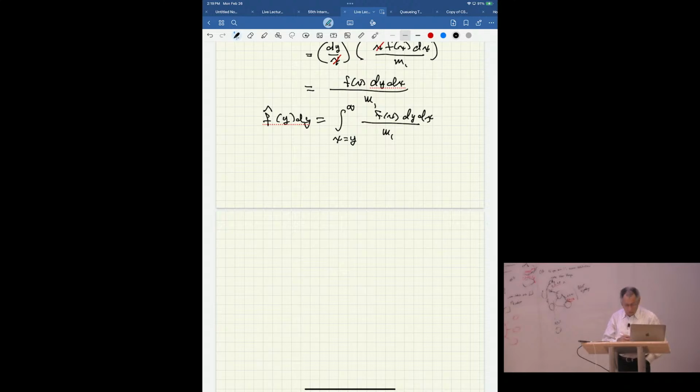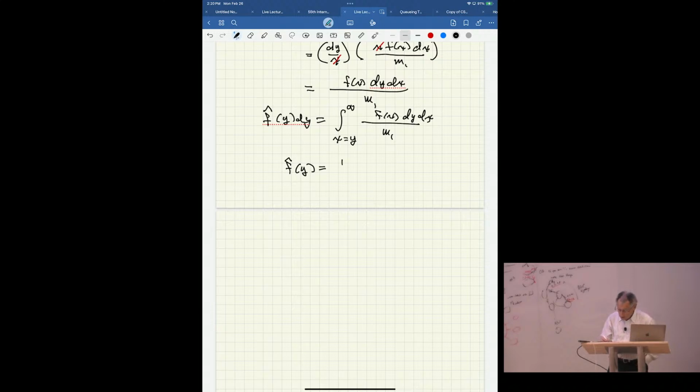Now let's get rid of the dy, and I get that the density of the residual life, f hat of y, is equal to, well, take the dy out of the integral, and what is the integral from y to infinity of little f dx? That's the cumulative from y.